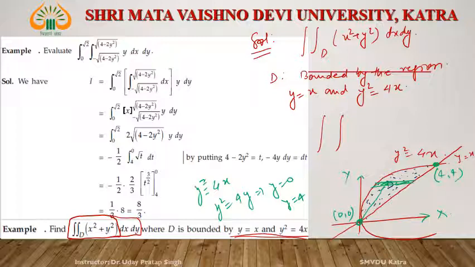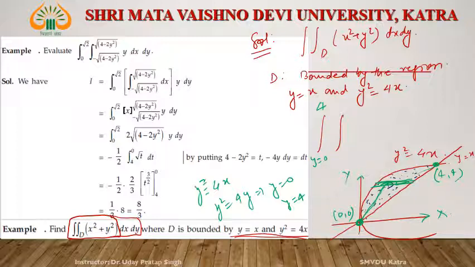These are the points of intersection of this straight line and parabola. So the strip moves from this lower part up to 4, and the strip is moving parallel to the y-axis. So the first limit is y equal to 0 and y equal to 4. Lower limit is 0 and upper limit is 4.